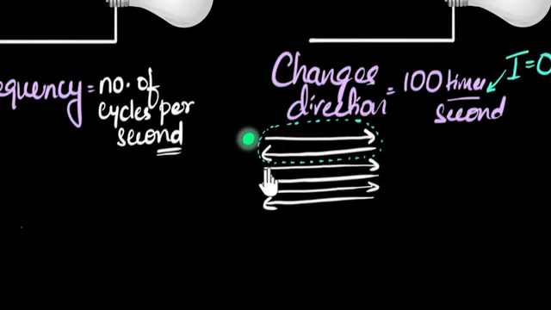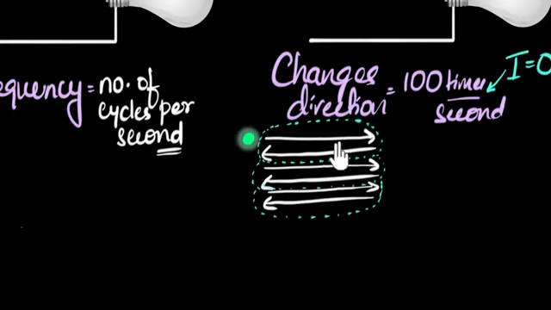After this, the next cycle begins. Once the electron comes back and changes its direction, that cycle ends and the next cycle begins. So this is cycle number 2, and then this is cycle number 3. And the frequency basically represents how many cycles this electron is going through every second.